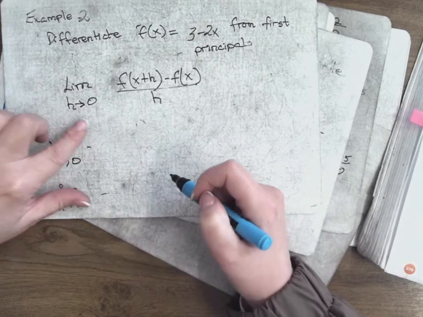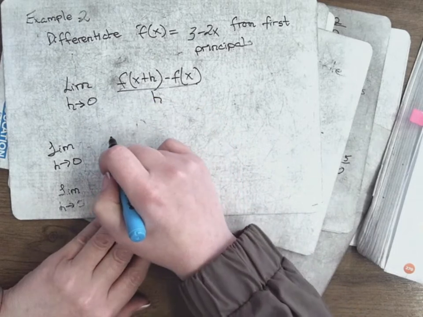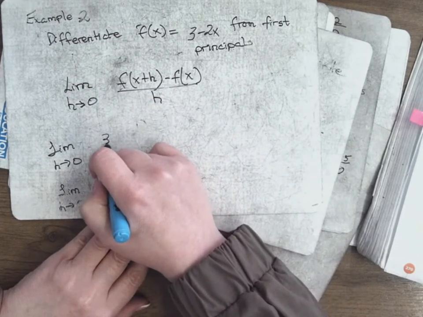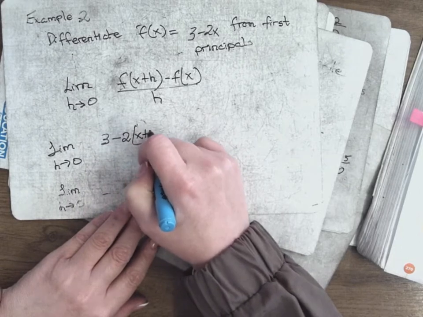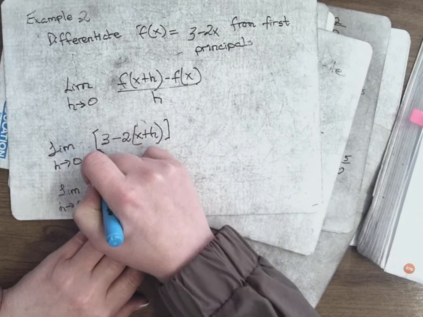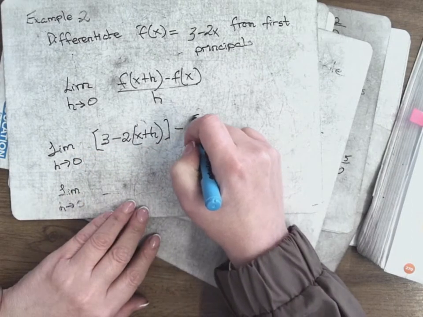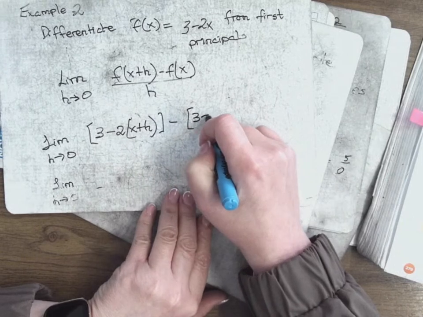So I have to do f of x plus h. So what would that be? Everywhere I see an x, put in an x plus h. So it's 3 minus 2 times x plus h. So that's f of x plus h. Agreed? Then it's minus f of x. F of x is what you started with, which is 3 minus 2x.